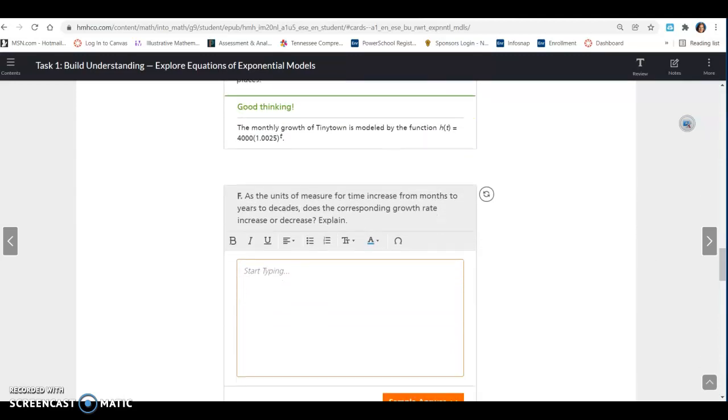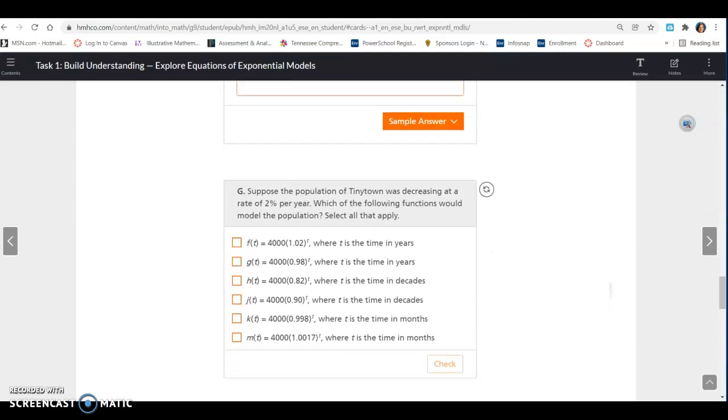So it says, as the units of measure for time increase from months to years to decades, does the corresponding growth rate increase or decrease? And we can definitely say this increases for the very reason I just said. The longer in time you go, the steeper that growth curve gets, and the more it increases over time.